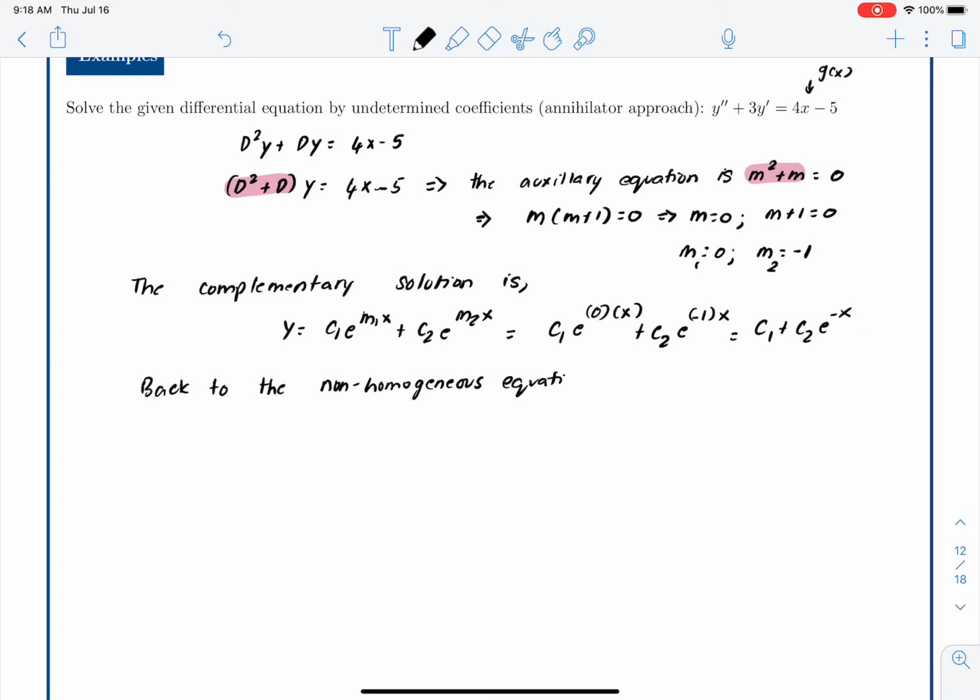and I'm going to apply an annihilator that would get rid of 4x minus 5. And we know the annihilator operator corresponding to 4x minus 5 is d squared. So d squared times d squared plus d equals 4x minus 5, and I'm going to apply d squared to it, which would make the right-hand side 0.